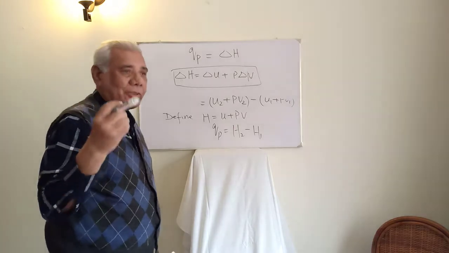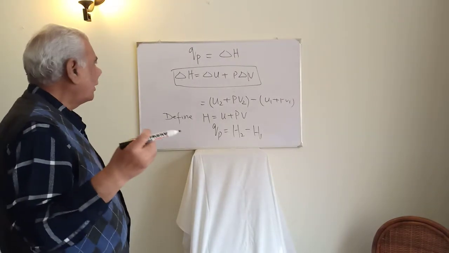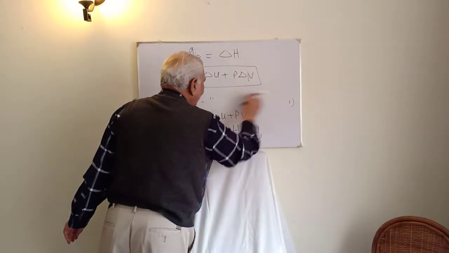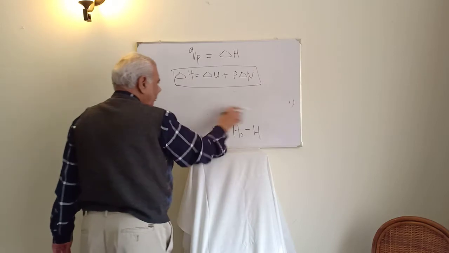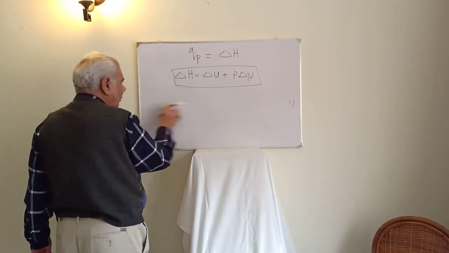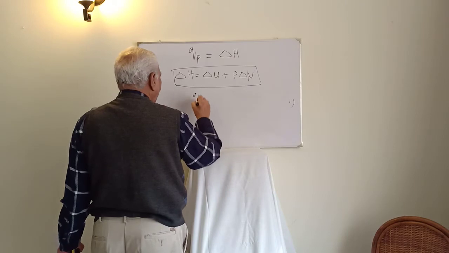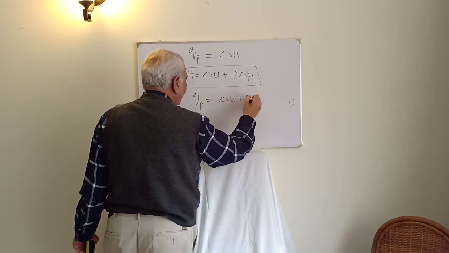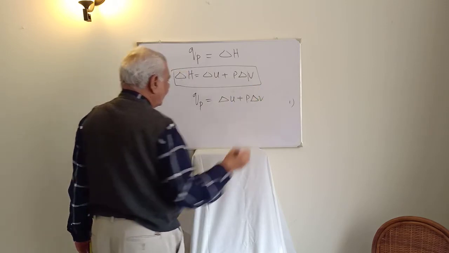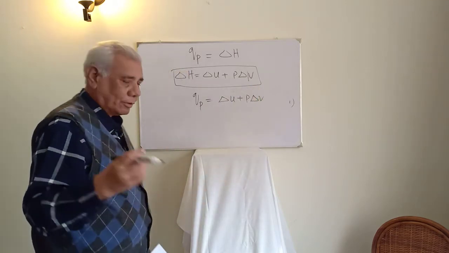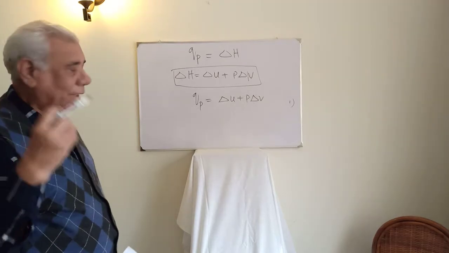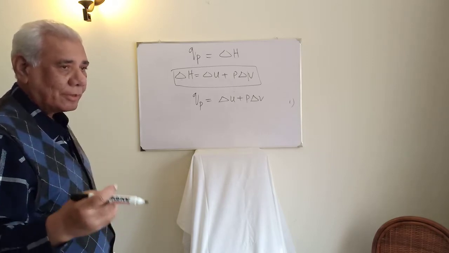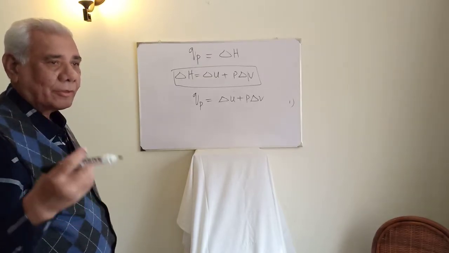Now we can understand what enthalpy change is. You can also write this equation as QP equals delta U plus P delta V. Now, the enthalpy change is the heat we measured plus the pressure volume work.